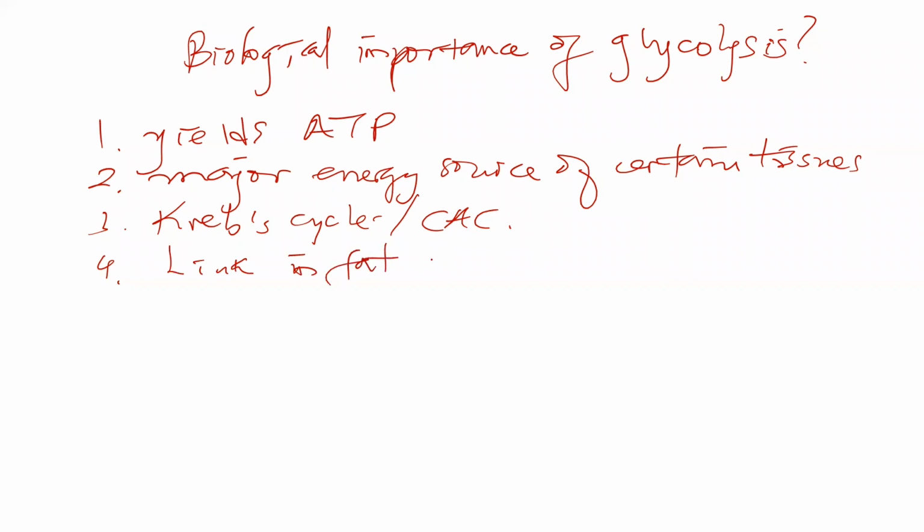The product of the glycolytic cycle, which is pyruvic acid, is decarboxylated to form acetyl-CoA, and the acetyl-CoA then goes into fat metabolism. It's also involved in the production of 2,3-diphosphoglycerate, which is important in tissue oxygenation. Within the notes that I'll send, you'll see the other functions.